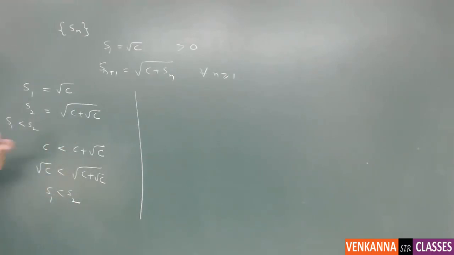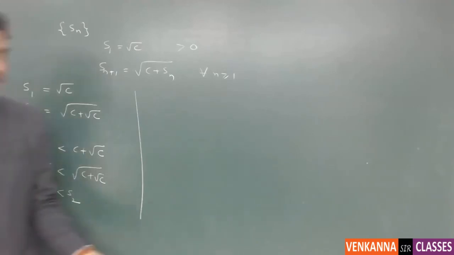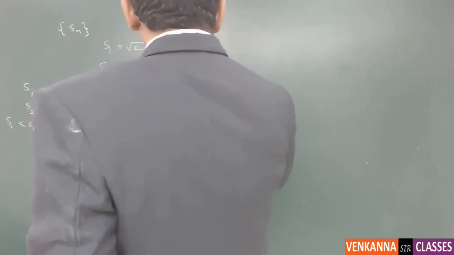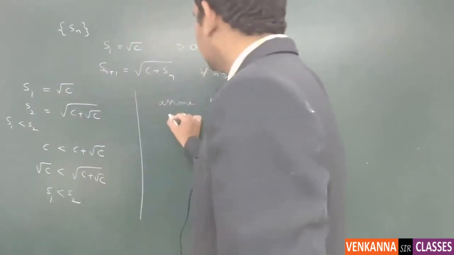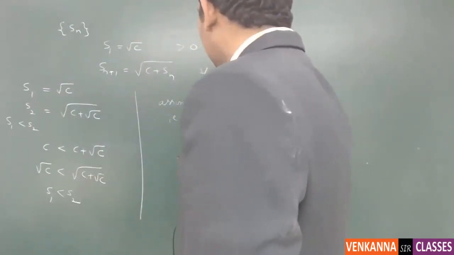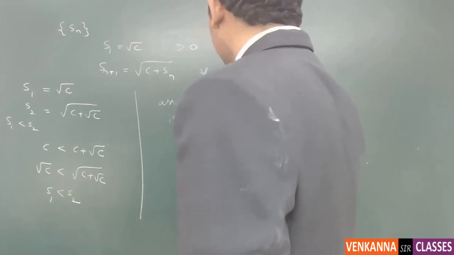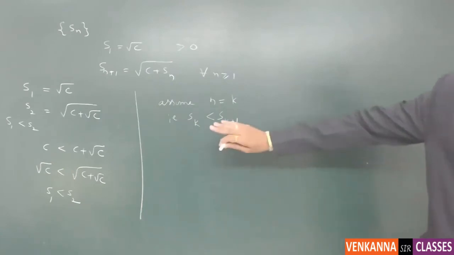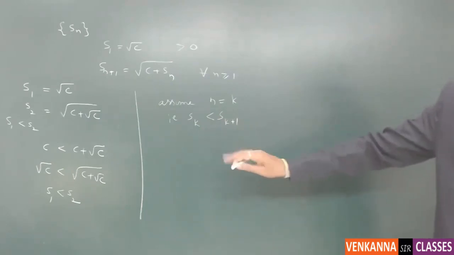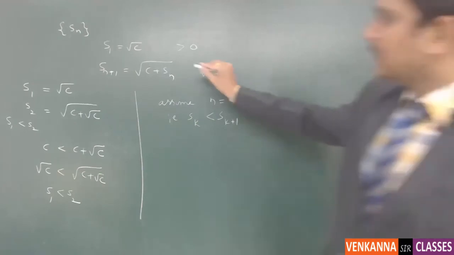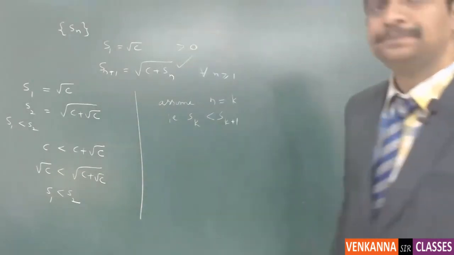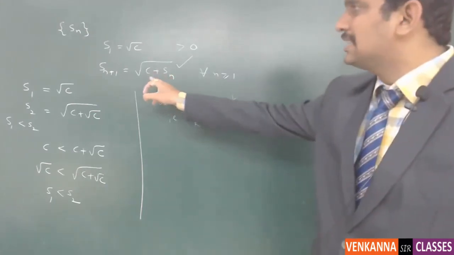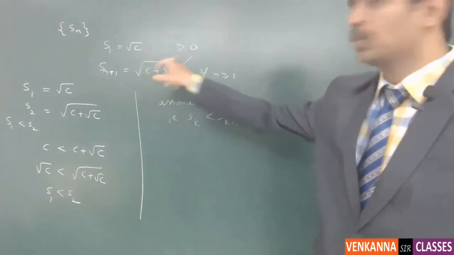Now, having the induction hypothesis, you assume for n is equal to k, that is sk is less than sk plus 1. I have to prove for k plus 1. How am I going to prove? Take the same recursive formula. How is it applied? The constant c is added and you have the root here.